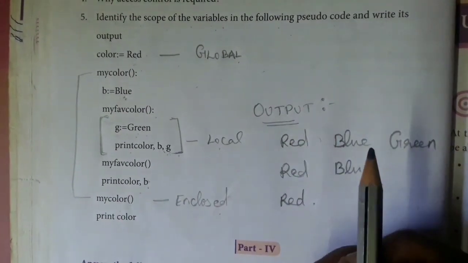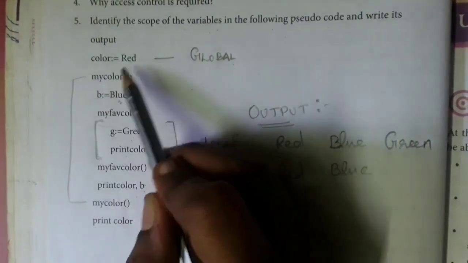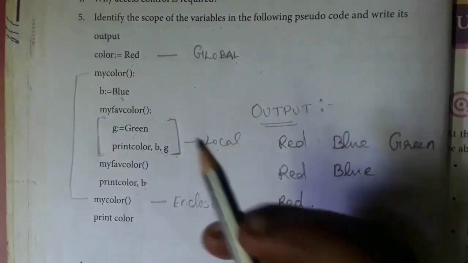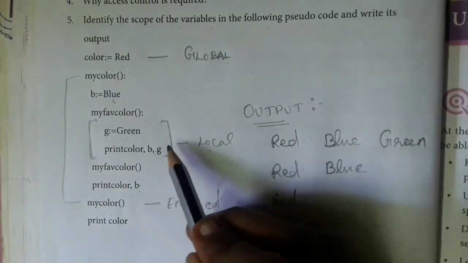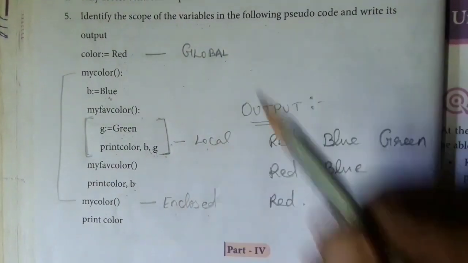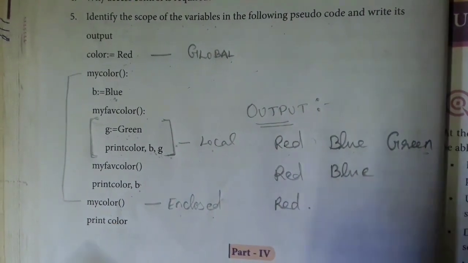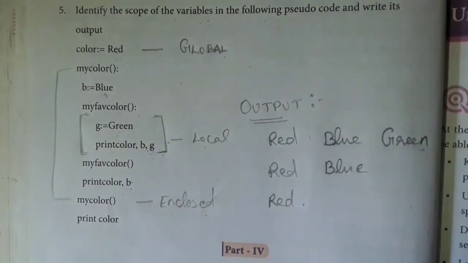When we are going for the output, this red is declared outside the program, so each and every time this red will be displayed. Then the first execution will be your local scope, then enclosed, then the global scope. So answer will be red, blue, green. Second time this my favorite color will not execute because first time we got the answer.